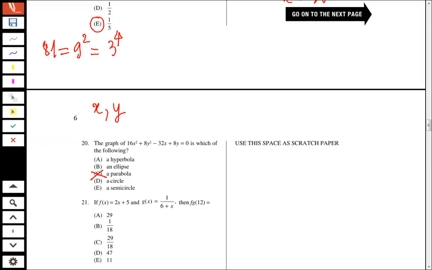No. And their coefficients are positive and different, 16 and 8. It cannot be a hyperbola. They are different, so it cannot be a circle or a semicircle. It must be an ellipse.